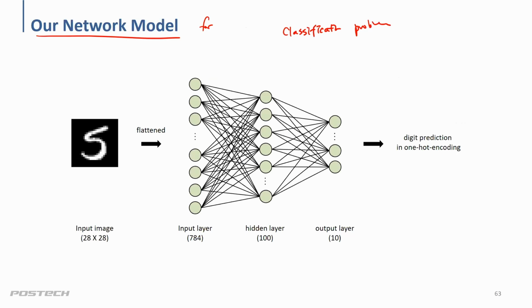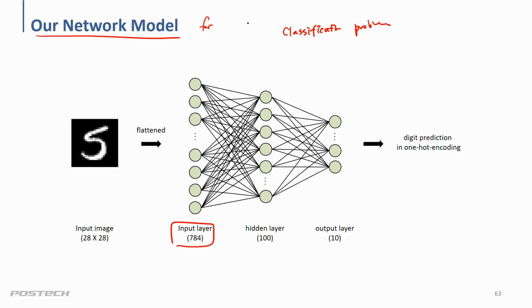What's the input size for the MNIST dataset problem? 784. Right. So it's a long column.